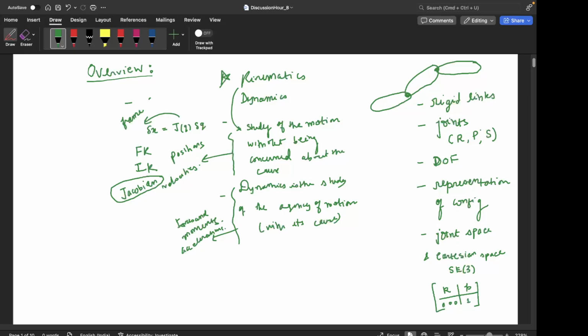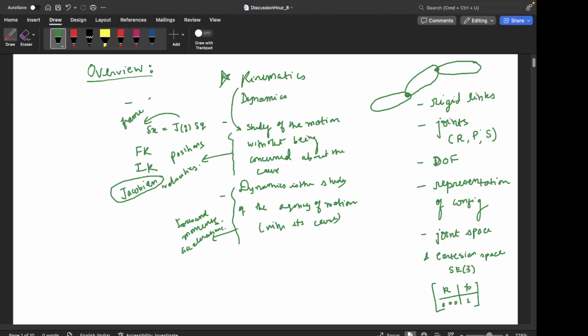So after kinematics, we moved on to dynamics, in which we have involvement of the inertial or the dynamical properties. In the last discussion hour, we saw how the inertia matrix is described as a 3 cross 3 matrix, what the principal values and principal moments of inertia are, what the principal axes are, and how they relate to the eigenvalues and eigenvectors of the inertia matrix.